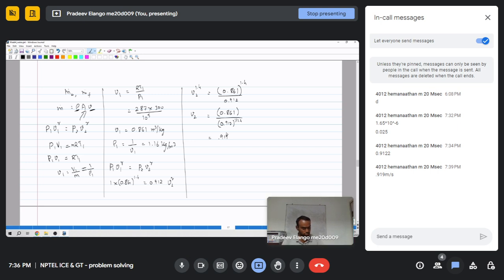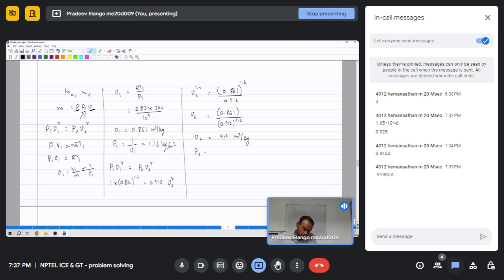So 0.919. Is it 919 or 969? So 919. Okay, 919. Unit is meter cube per kg because this is specific volume.